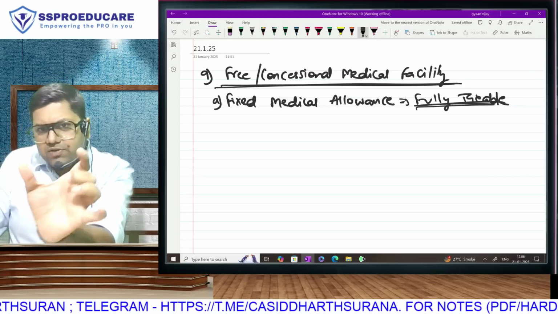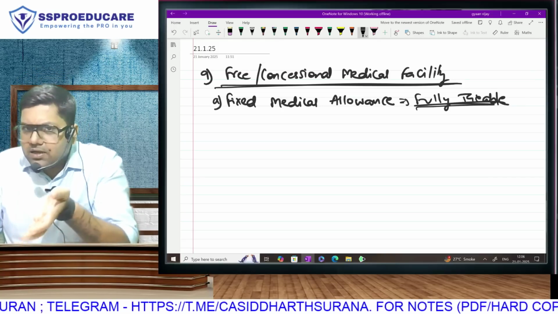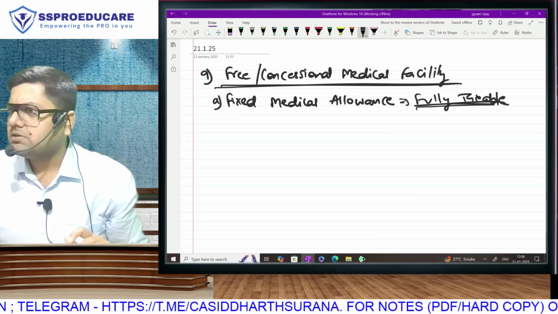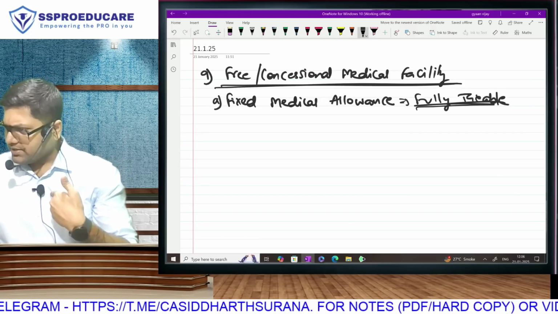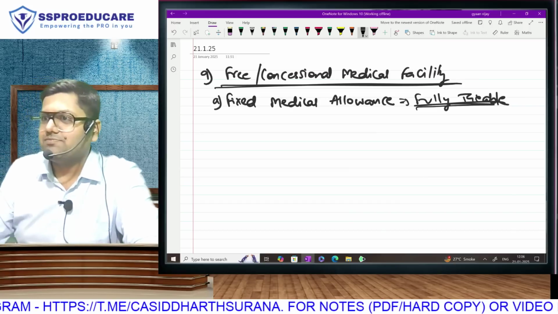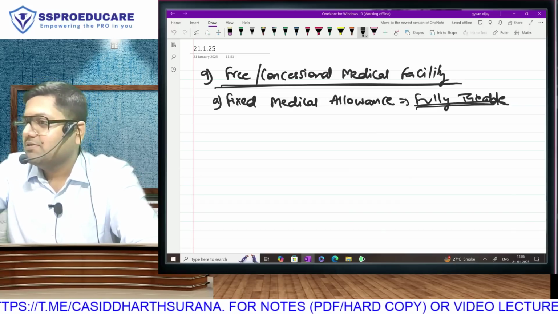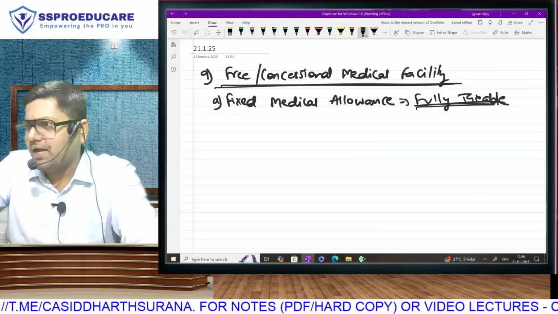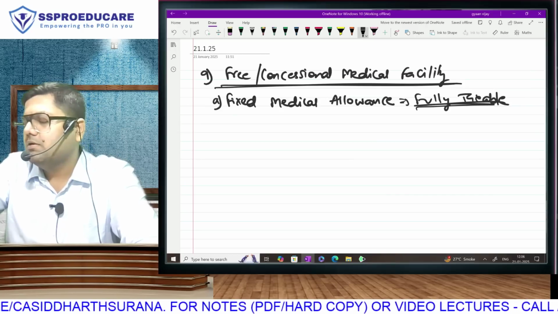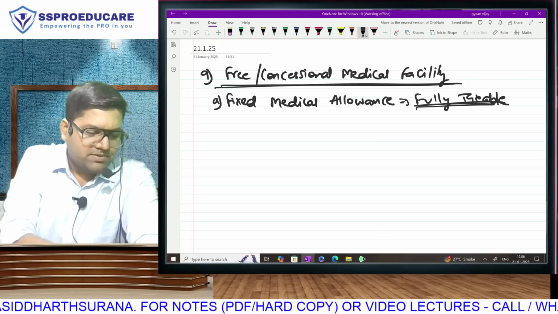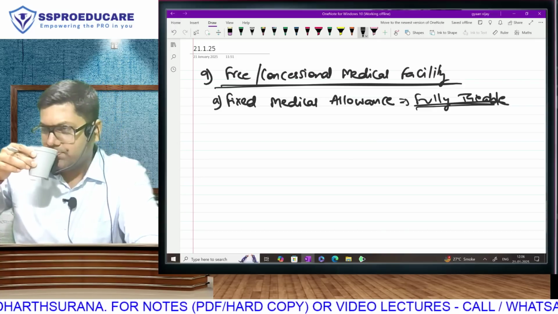Instead of giving it as a fixed monthly amount, give it to me as and when I submit the bills. You still have to pay 60, but I will save some tax. So pay me on a variable basis, not on a fixed basis. So will they be able to save some tax? Yes.